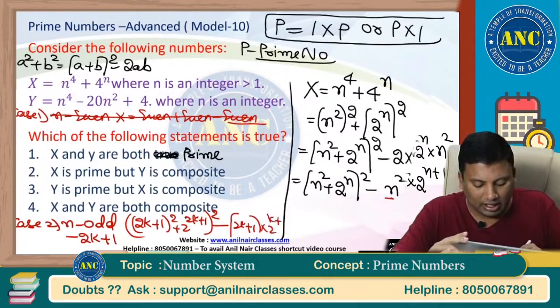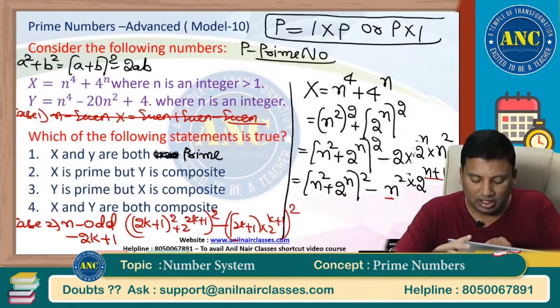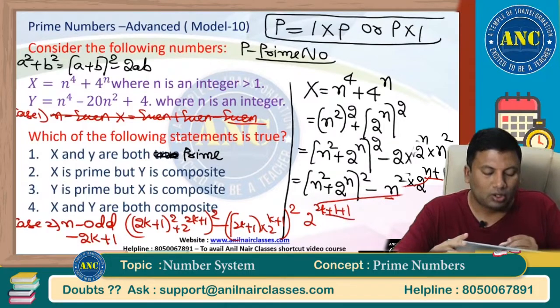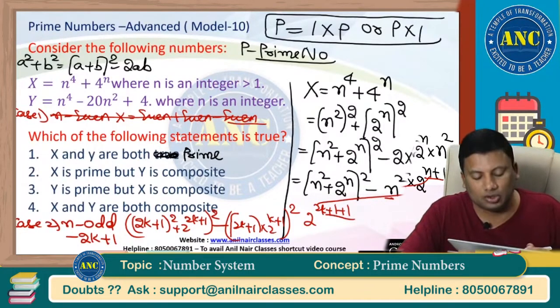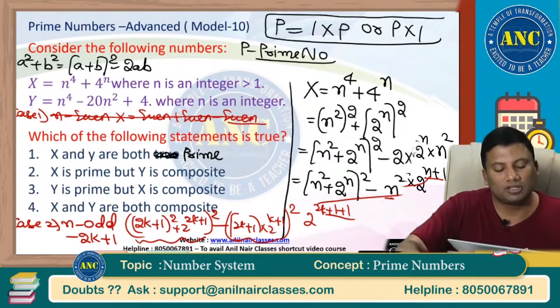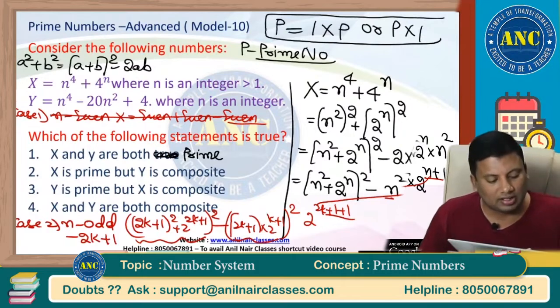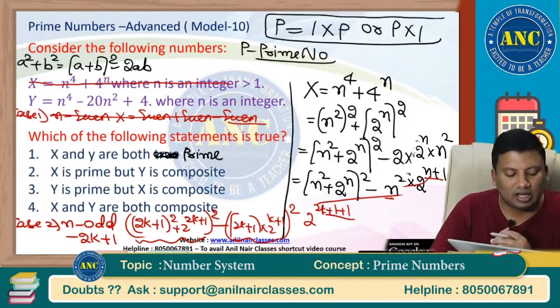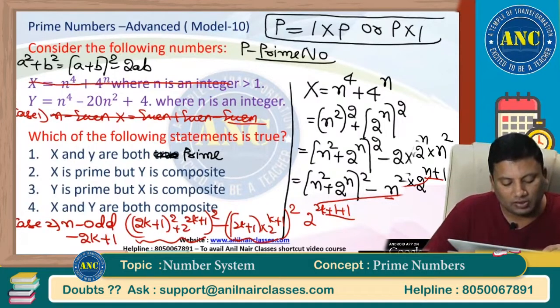So 2 power k plus 1 whole square. 2k plus 2 can be written as 2 into k plus 1. This is a square minus b square. Both of them are not giving me 1. So the answer is x is a composite number.